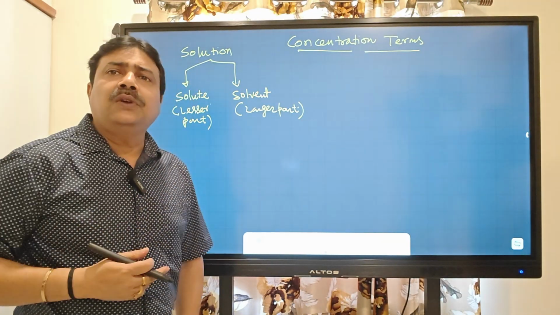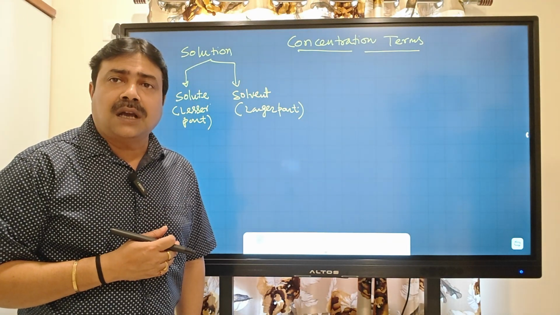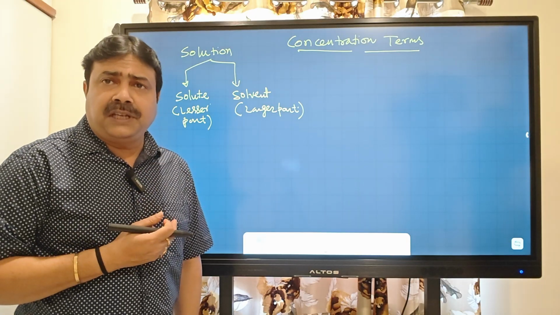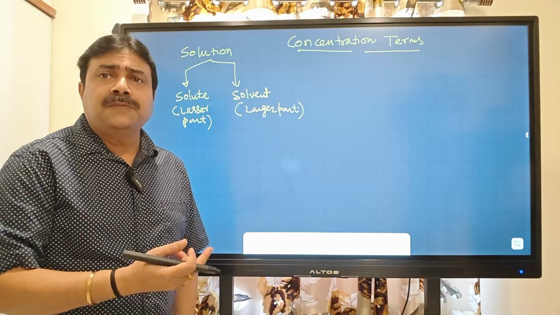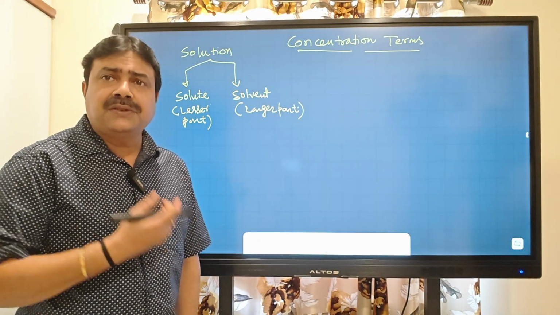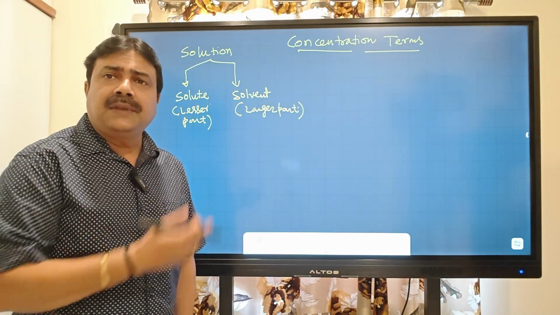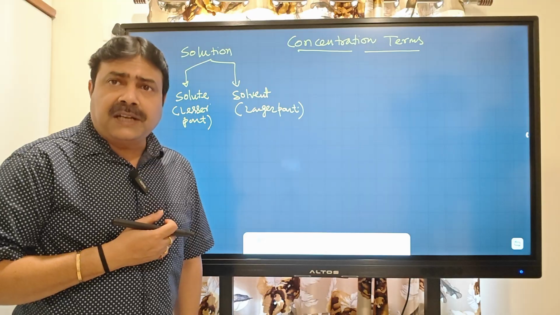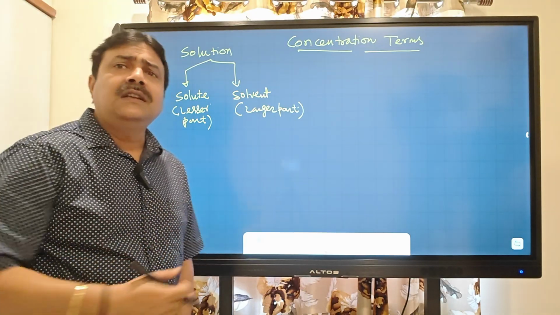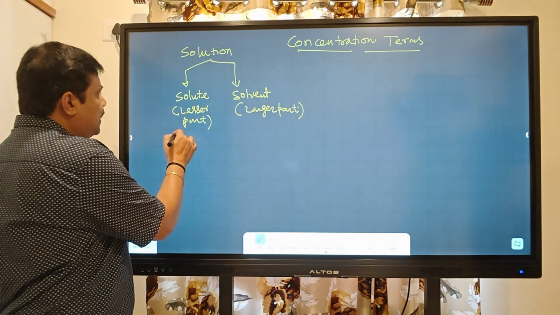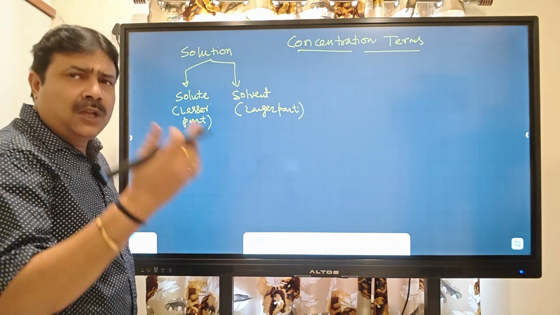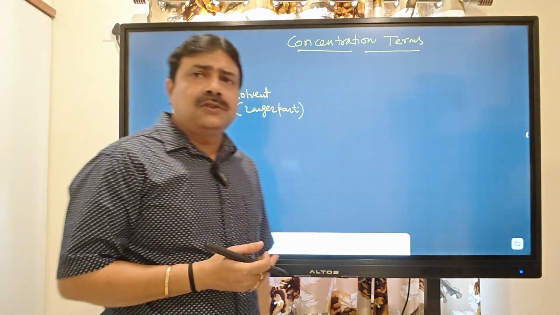And as we are going to discuss the different concentration terms, we need to know about solutions, because concentration means what? How much solute is present in a solution; based on that we will describe the concentration terms. Because there are different types of solutes, and different solutions are possible.